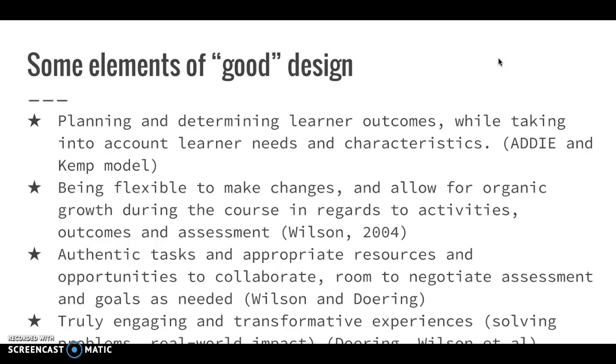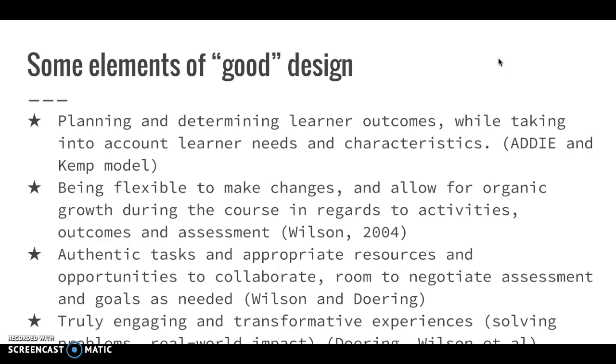And we have a certain compass when we do our planning, we have our objectives and outcomes, but depending on our students, depending on the things that they come up with, their specific needs and their wants, things can change along the way. So this goes along with the next one, where there has to be room to negotiate both assessment and goals, because students are individuals and they're going to come up with different things, and so there needs to be room to change course.